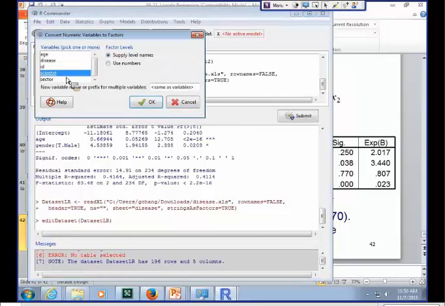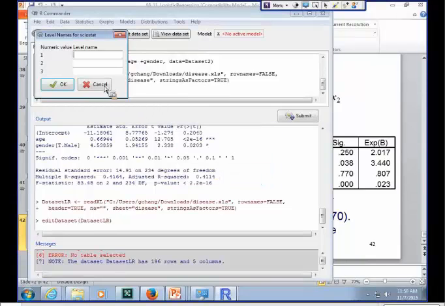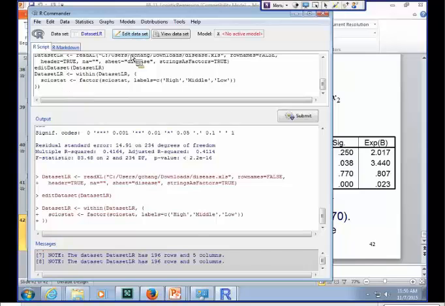I have socioeconomic status. Click on that. I'm going to label. So 1 actually is for high, 2 is middle, 3 is low. Okay, so that's how the data was originally coded, right? So I click OK. Look at my data.